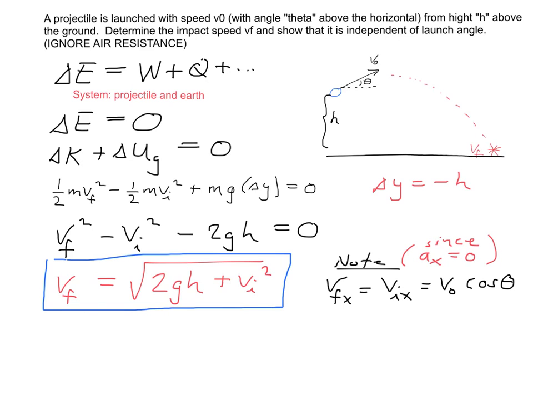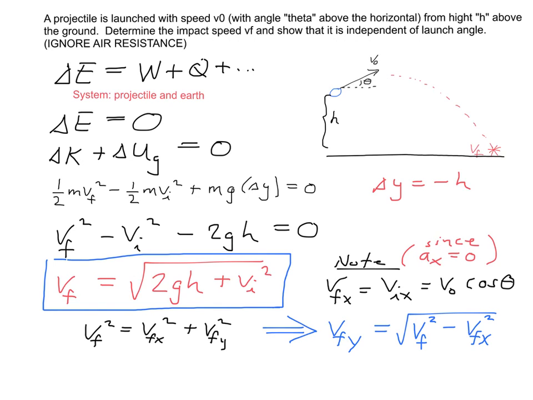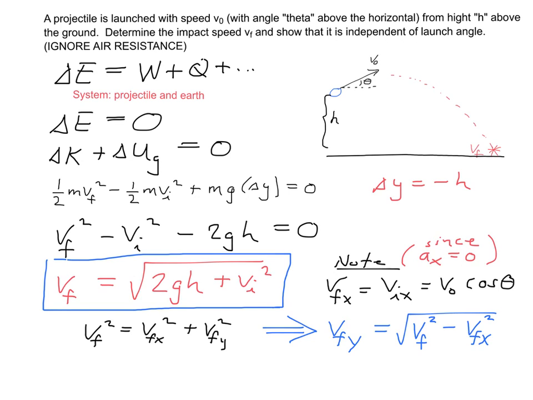So we could use the Pythagorean theorem relationship between the magnitude of a vector and its components to get the y component of the impact velocity. And then finally, if we wanted, we could compute the direction of the impact velocity from the knowledge of the components, the y component and the x component, using the arctangent function. Okay, that's all.